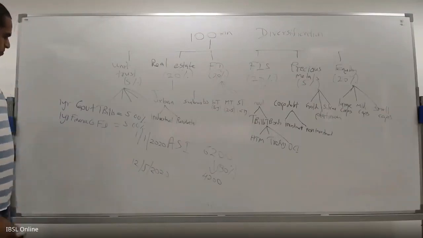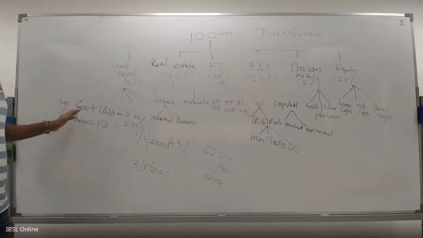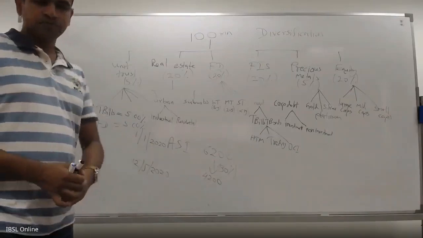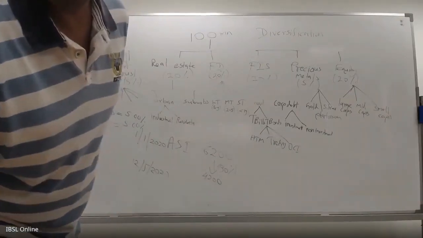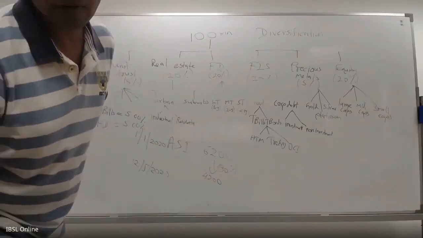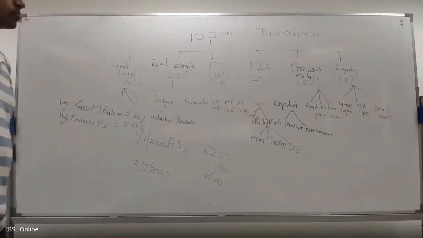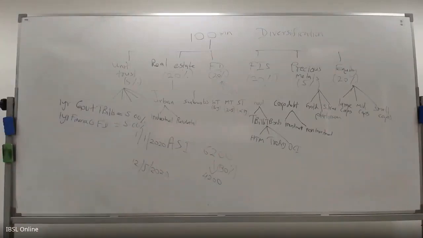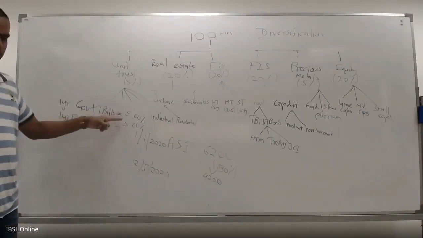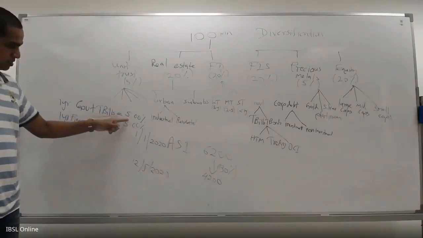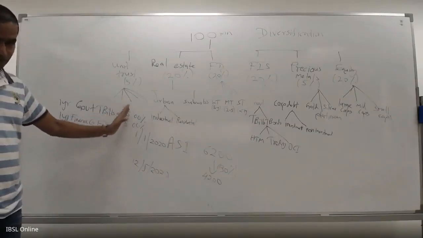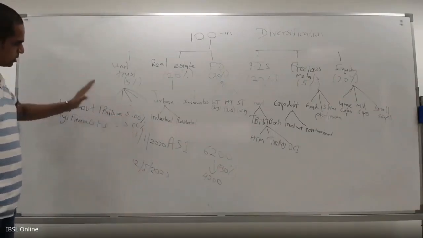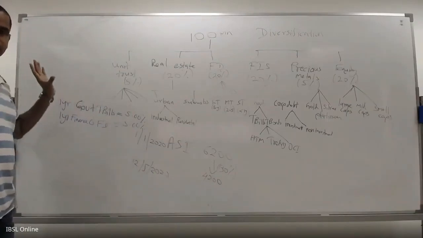You understood the question? If a 1-year government treasury bill is giving you 5%, and a 1-year finance company FD is also giving you 5%, you will obviously invest in the government treasury bill. Why is that? For a given amount of return of 5%, you go for the investment which has the lower risk.